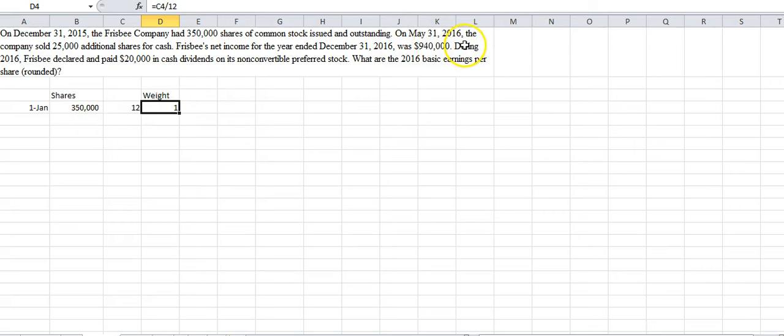So on May 31st, 2016, the company sold another 25,000. So they have another 25,000. But this was not outstanding for the full year. This was outstanding for how long? It says May 31. So January, February, March, April, and May.